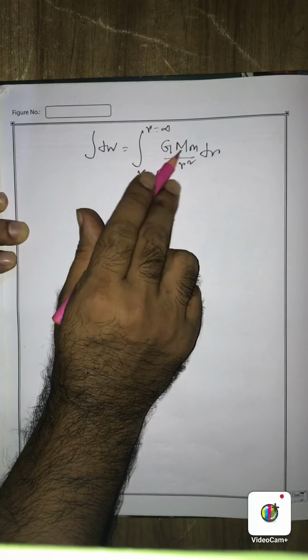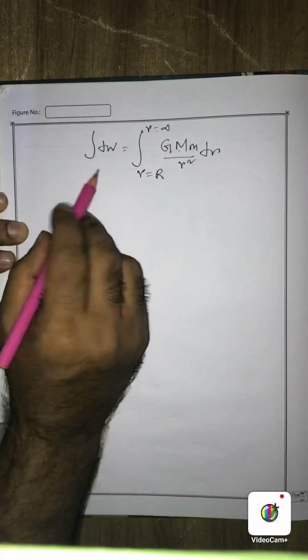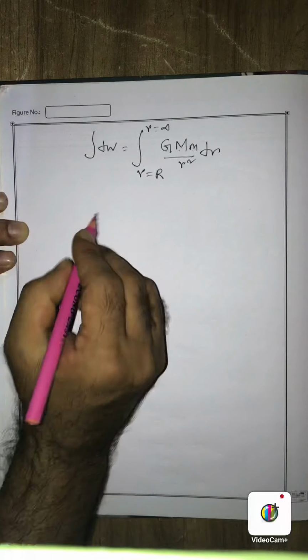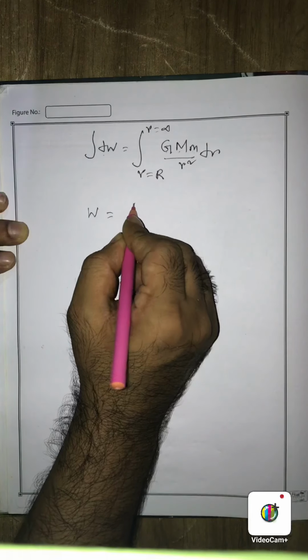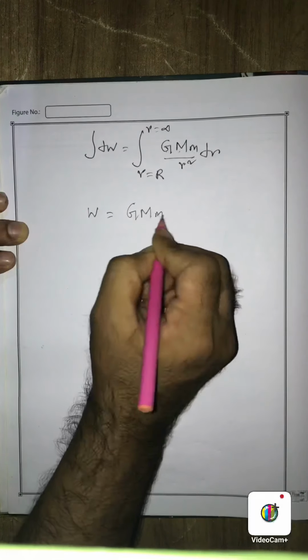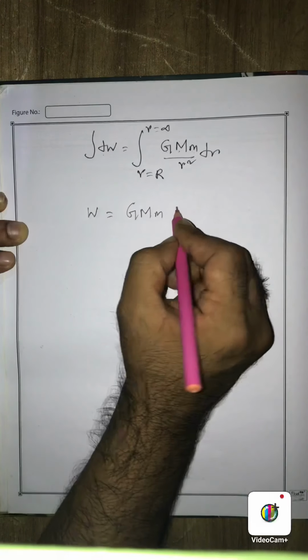G, capital M and small m are constant, so taking them outside the integration, integration dW is equal to W, the total work done.